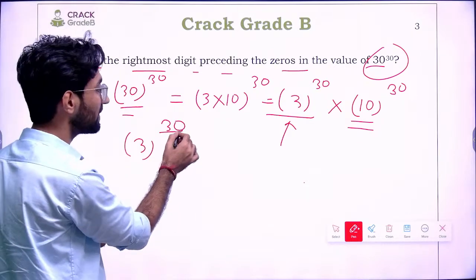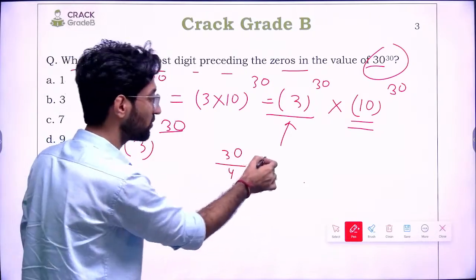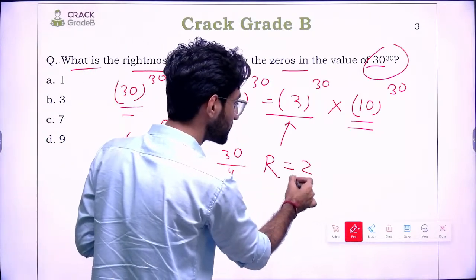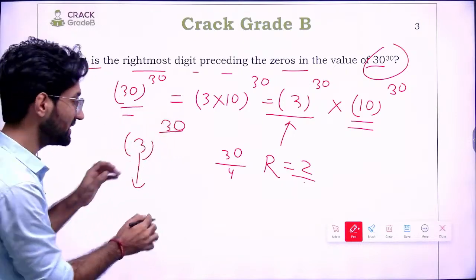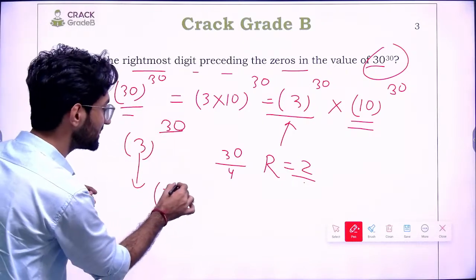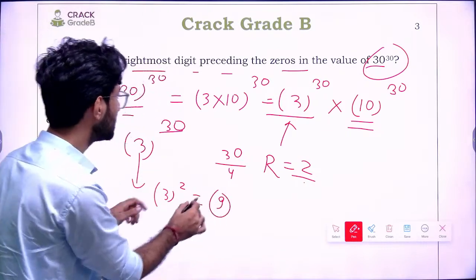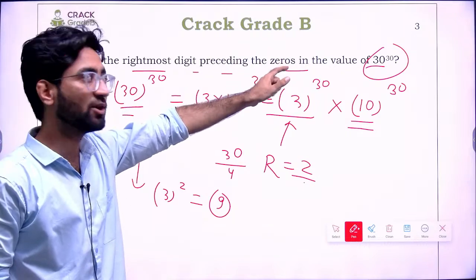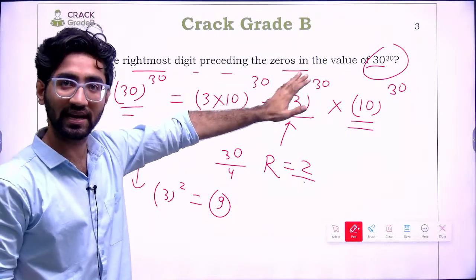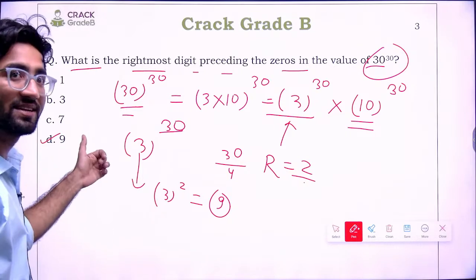So we are going to divide 30 by 4, and the remainder is 2. So we can say that the unit digit of 3 to the power 30 is going to be the unit digit of 3 to the power 2, and that is equal to 9, means 9 is the rightmost digit preceding the zeros in the value of 30 to the power 30, right? So what is the correct answer? The correct answer is option D, 9, right?